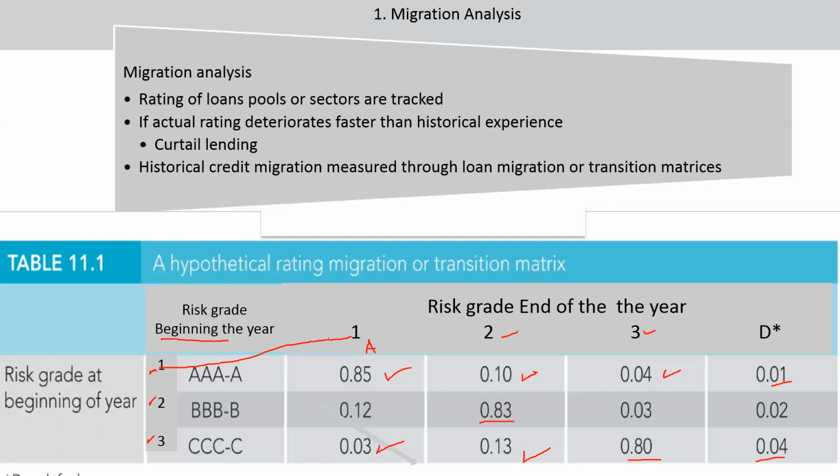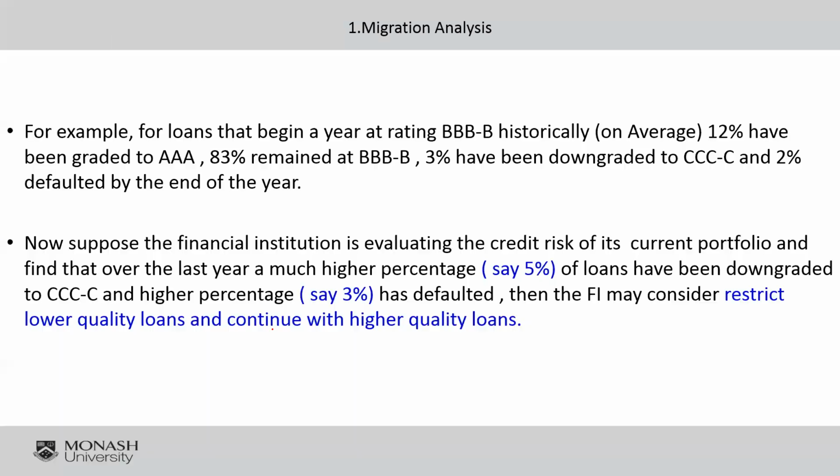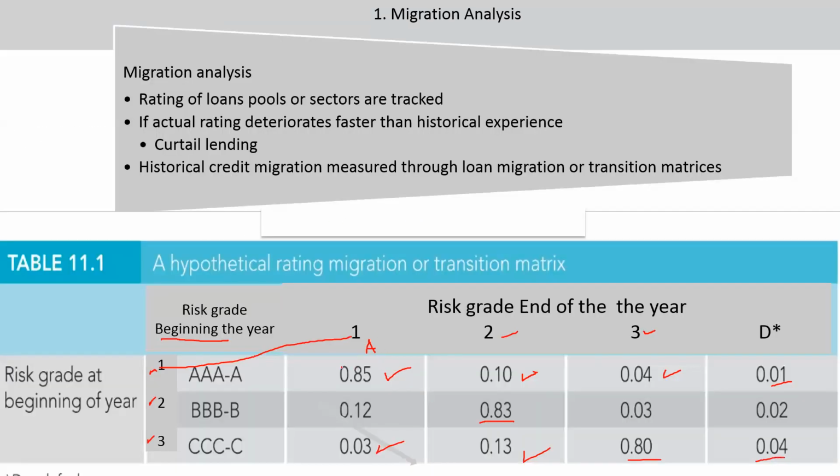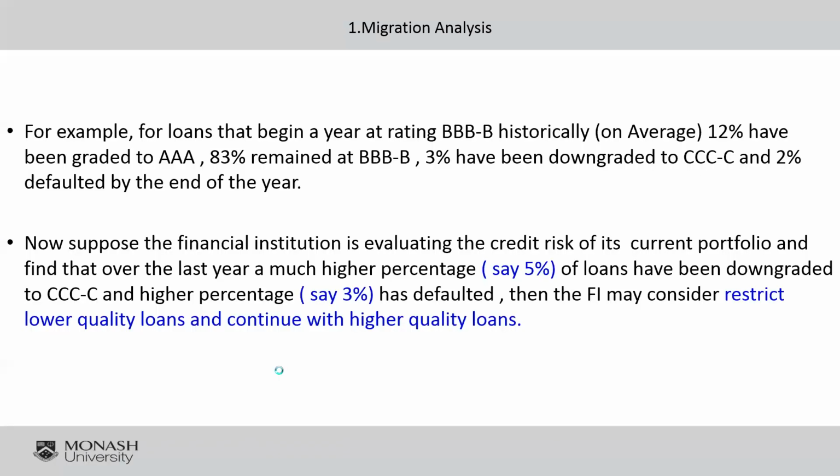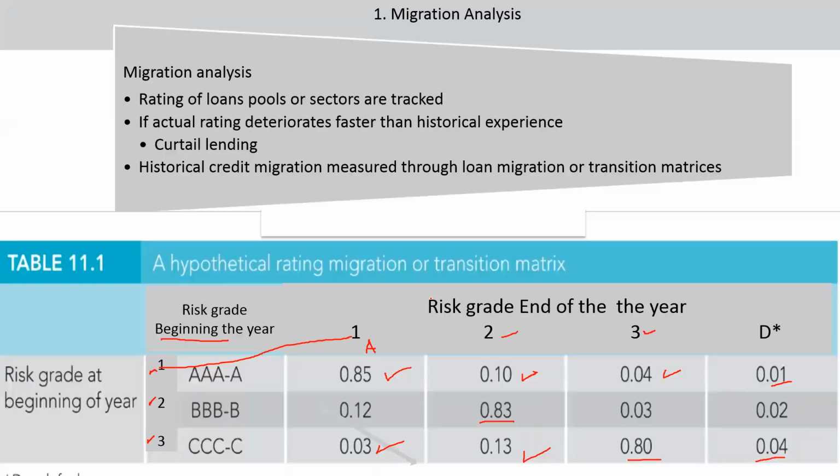Now, how is this information useful for the company? If you see this migration, the average classes moving among the rankings, you can look at your own holdings and see where you stand. Say a financial institution is evaluating the credit risk of its current portfolio and finds that over the last year, around 5% of loans have been downgraded to C, when it should be only 3%.